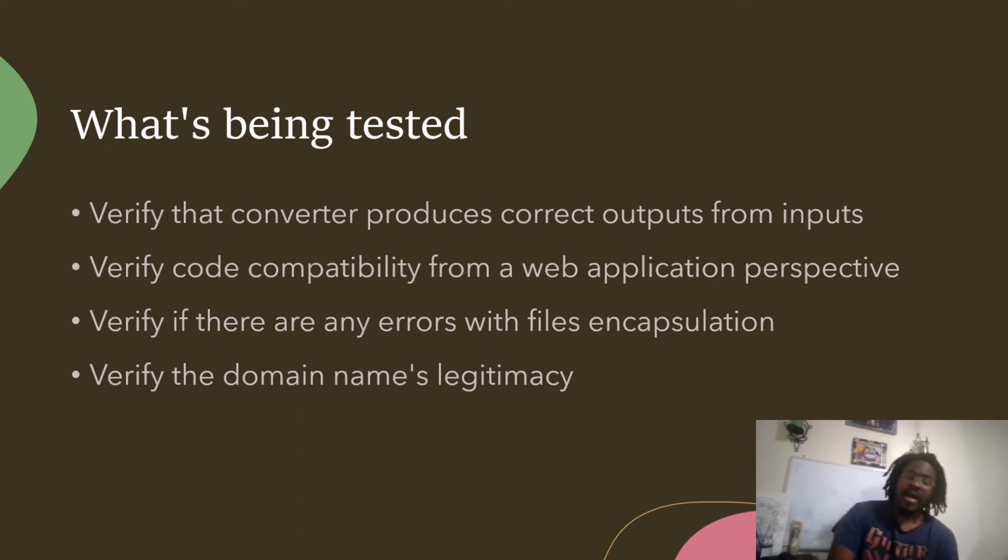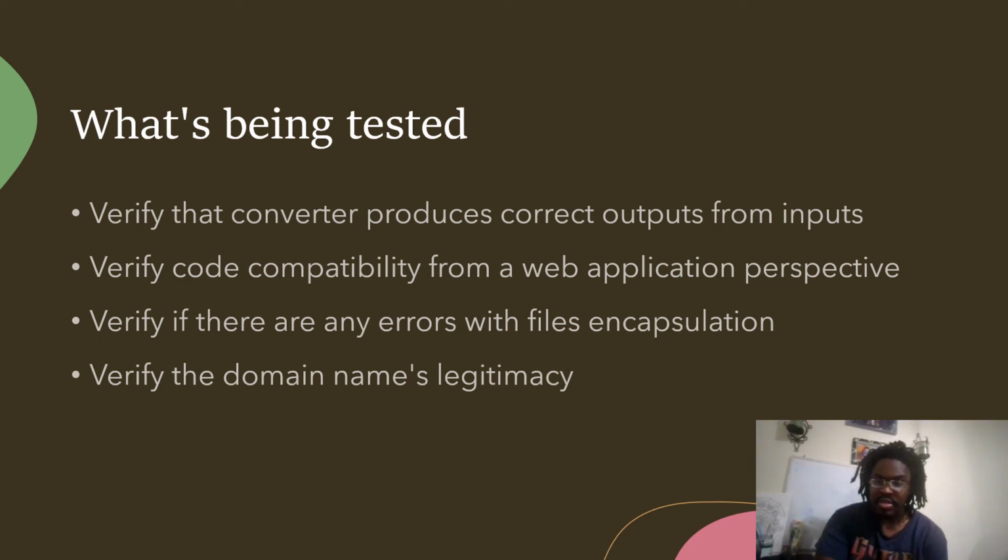We want to verify the code compatibility from the web application perspective. So we want to make sure that our Python and our HTML and all the code files that we have are compatible with each other. So when you go on the website, there aren't any errors when pulling those files, and every version is correct. Verify that there are no errors with files and compilation.